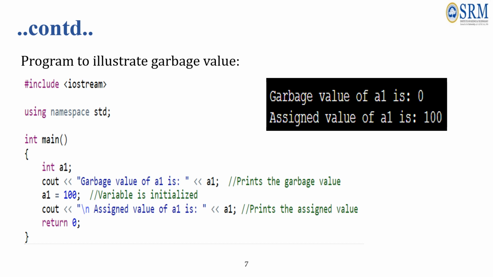So when a variable is not initialized with any value, it prints only a garbage value. So what is a garbage value? It refers to a memory location in which any values can be stored. Those random values are termed garbage values.